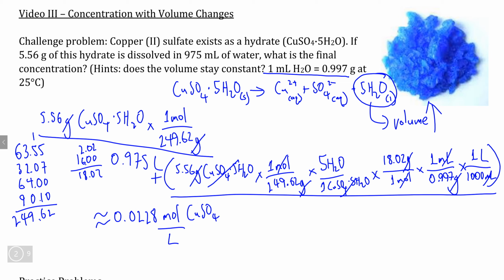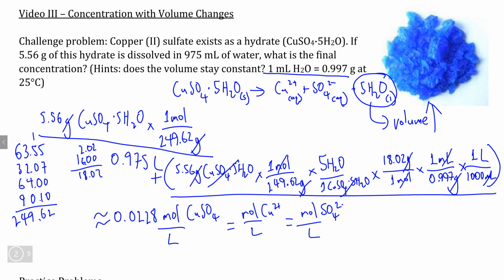And again, normally we don't refer to our solute by the ionic solid because the two ions dissociate from each other. But again, because the ratio of our solute to each ion is 1:1, this number would be equal to the moles of Cu2 plus per liter, which is also equal to the moles of SO4 2 minus per liter.